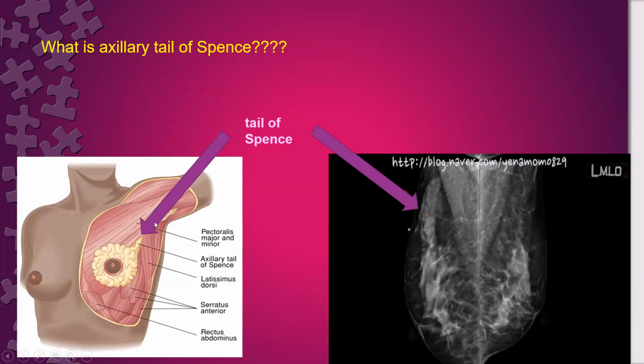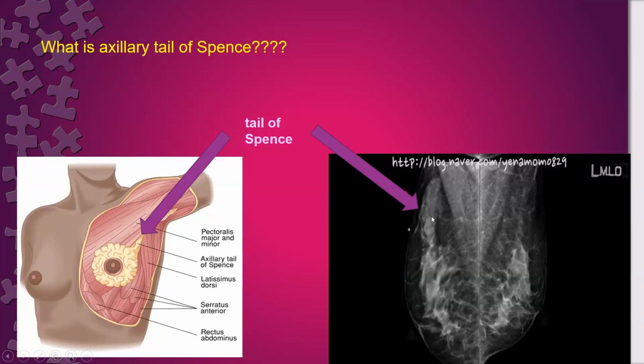Through what? Tail of Spence. Can you see here? Look for the tail of Spence here. Is it through the pectoralis muscle? Through, there is an opening in the pectoralis fascia.